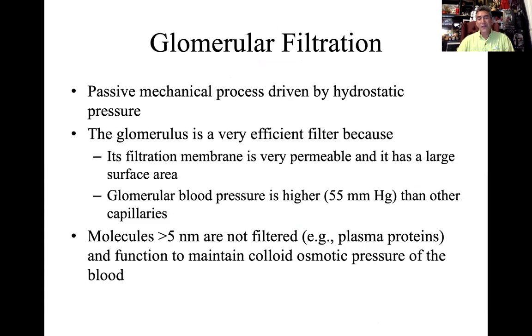So glomerular filtration, just understand, it's a high pressure system. For capillaries, that's strange. We have a high pressure system that's forcing out a lot of the fluid. Our filter is about 5 nanometers. Molecules that are greater than 5 nanometers are not filtered. So the large proteins cannot be pushed out.